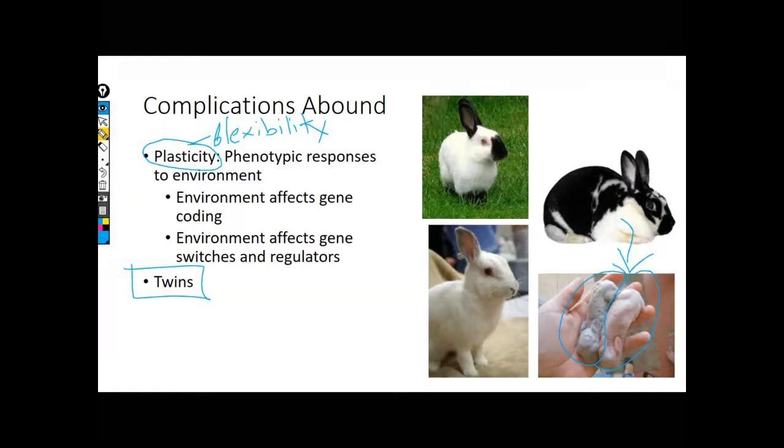So we're not going to have a practice problem with this one, because all of the DNA and all of the alleles would be the same. It would be rather boring. The key here is that the environment is changing what is being coded, or what's being turned on and off.